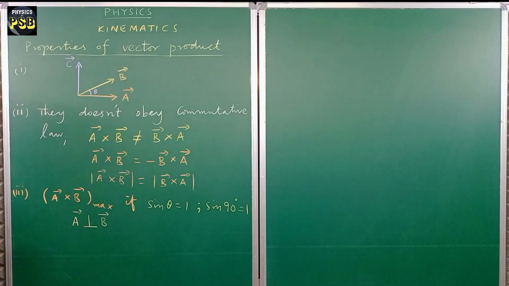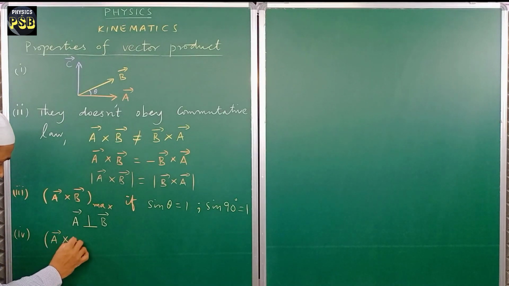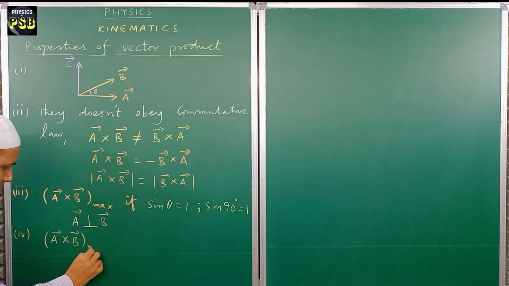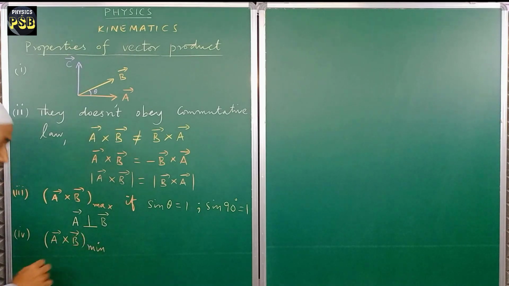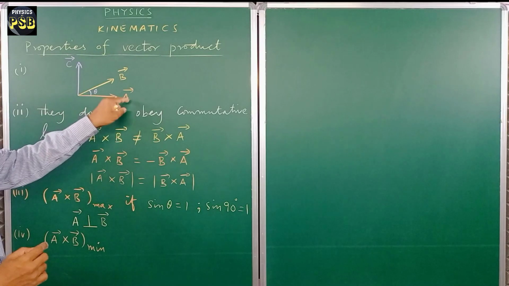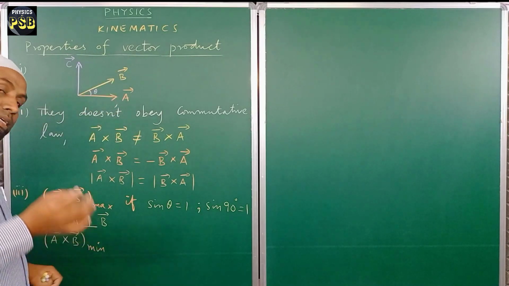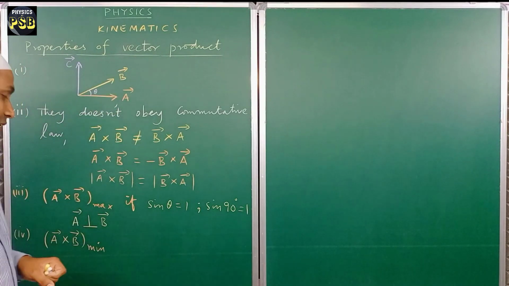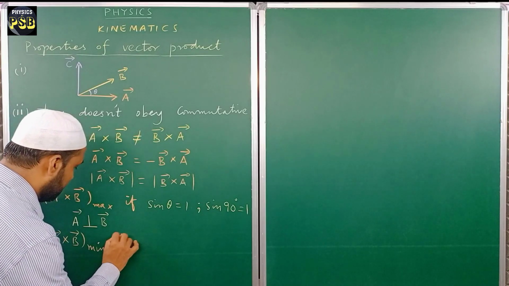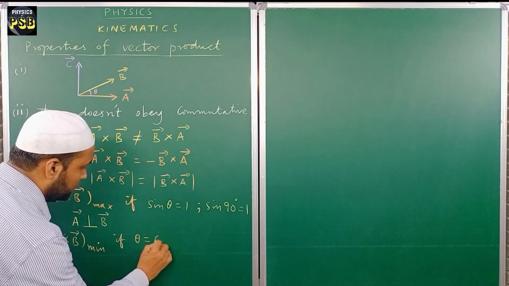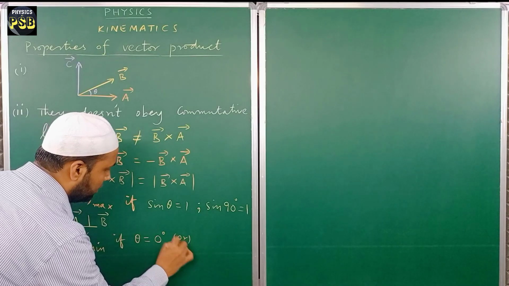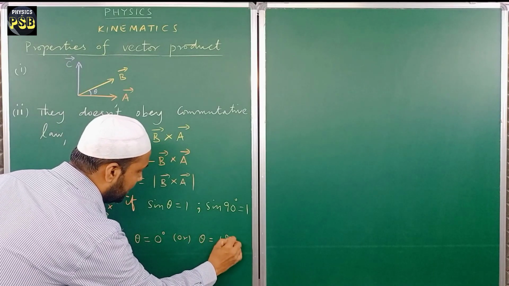Okay. Next, when it will have minimum value. When does the vector product have minimum value? See, vector A cross vector B will have minimum value if the angle between vector A and vector B is either 0 or 180 degrees.